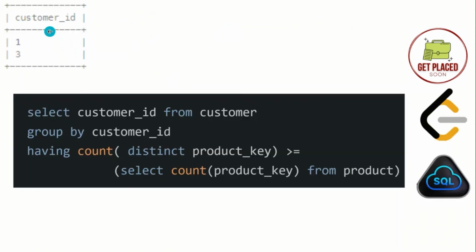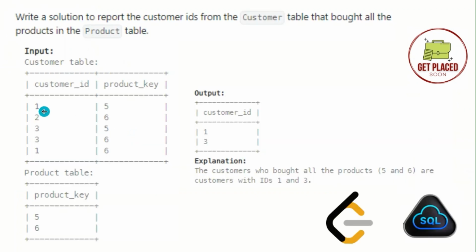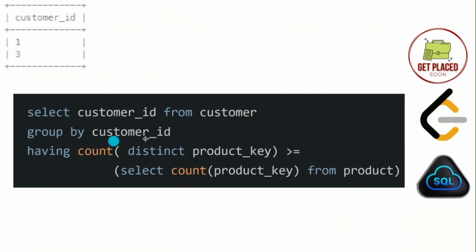Whatever is supposed to be in the result, we write in the select. So select customer_id from the table customer. We are grouping by customer_id because a customer might buy multiple products. When we group by customer_id, we can see what all items the customer has bought.